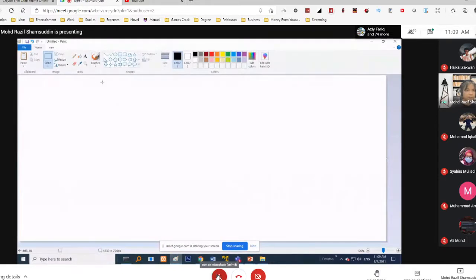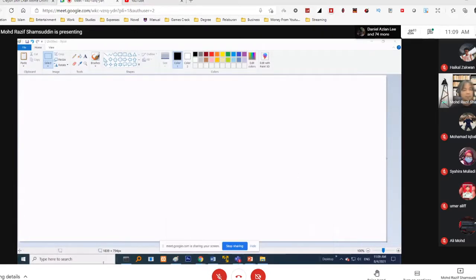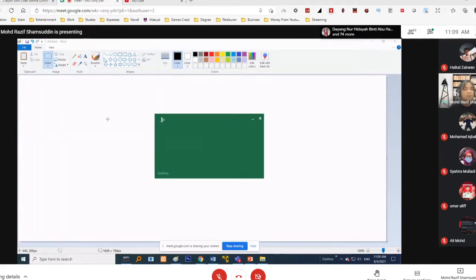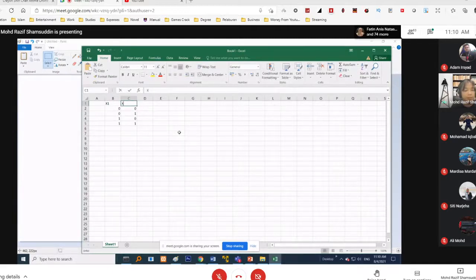Now we do it in a table, in Excel. You can see it because I'm sharing the entire screen. Inputs: 0, 0, 0, 1, 1, 0, 1, 1. This is X1, X2.